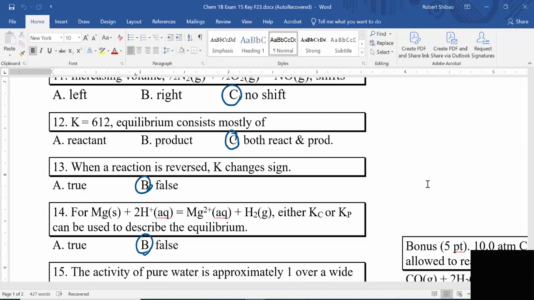Technically, if I said it consists of more product than reactant, then that would be okay. But mostly, I know it's a bit ambiguous. If you said 612 is bigger than 1, therefore it's a product, the way you know this is by doing some calculations and seeing what the numbers come out to, and then you can compare.